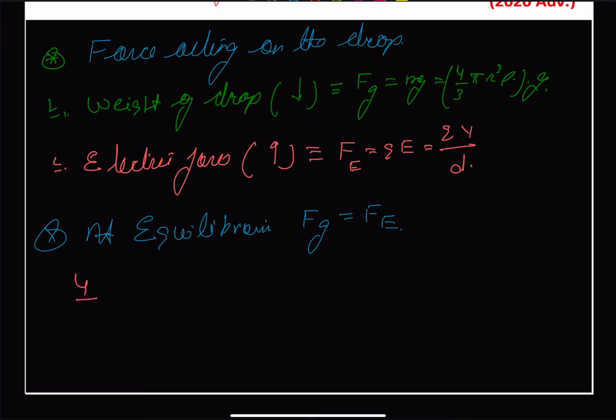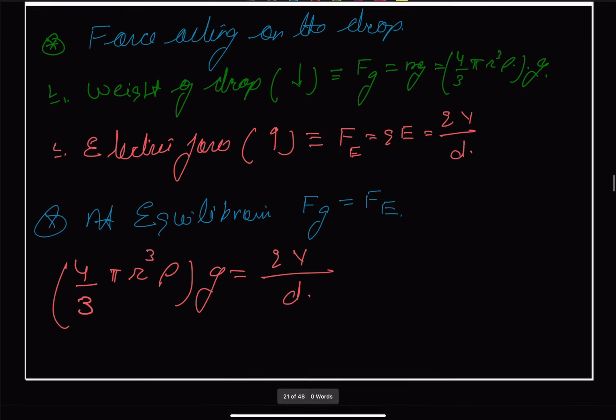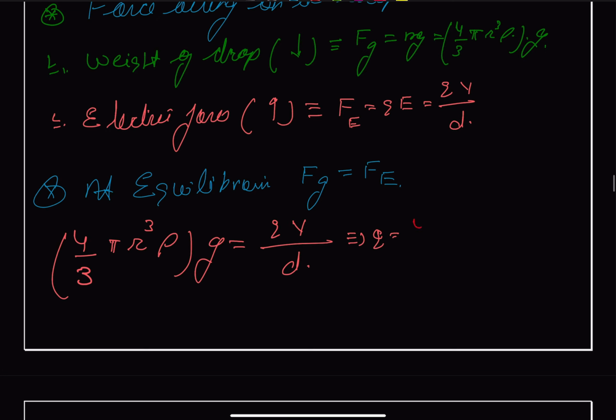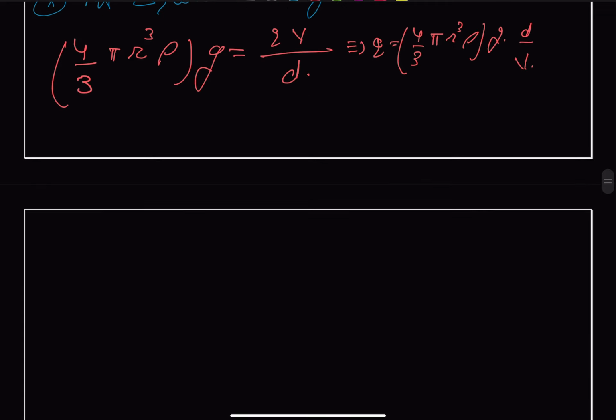Fg was 4 by 3 pi r cube rho times g, which is equal to QV divided by d. And from here we are going to find our charge Q. So we can say our charge Q will be equal to 4 by 3 pi r cube rho g, d upon V. Everything is given to us, we simply substitute them.